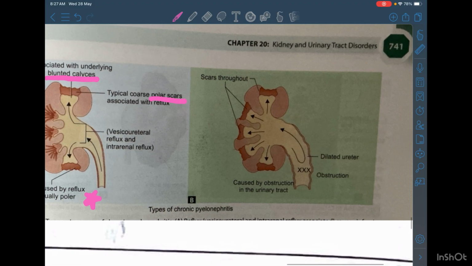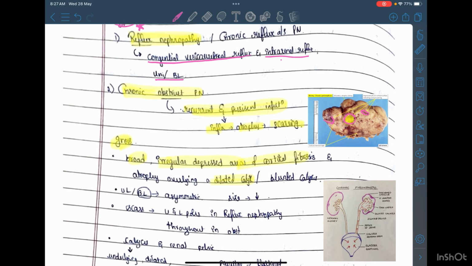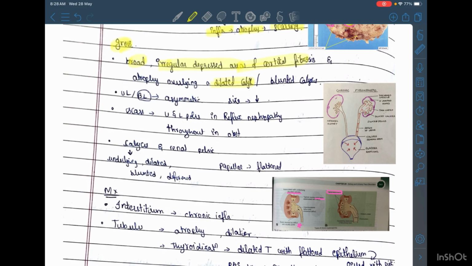Same thing in obstructive, but here scars are seen throughout. It is not just limited to the poles. Also here there are blunted calyces. So this is what you are going to write: broad, irregular, depressed scars associated with underlying blunted calyces, usually unilateral or bilateral, and the size is decreased due to the scarring.